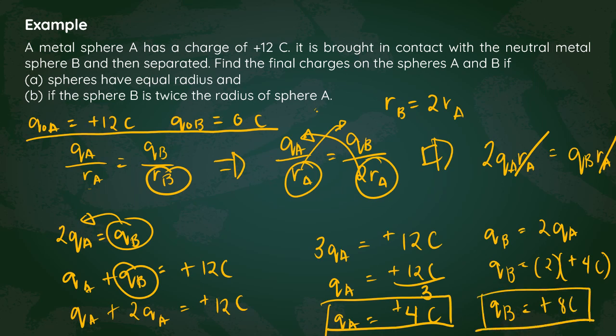This still proves the conservation of charges, where the total charge in an isolated system will be equal. You have the total charge before interaction at positive 12 coulombs, and the total charge after interaction is still positive 12 coulombs.